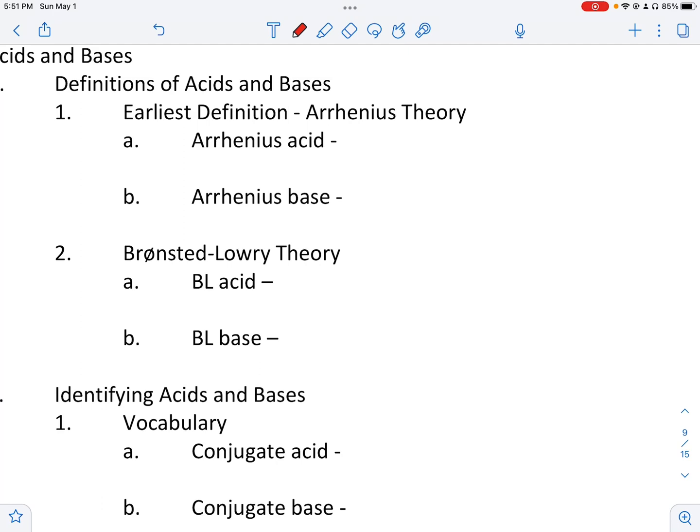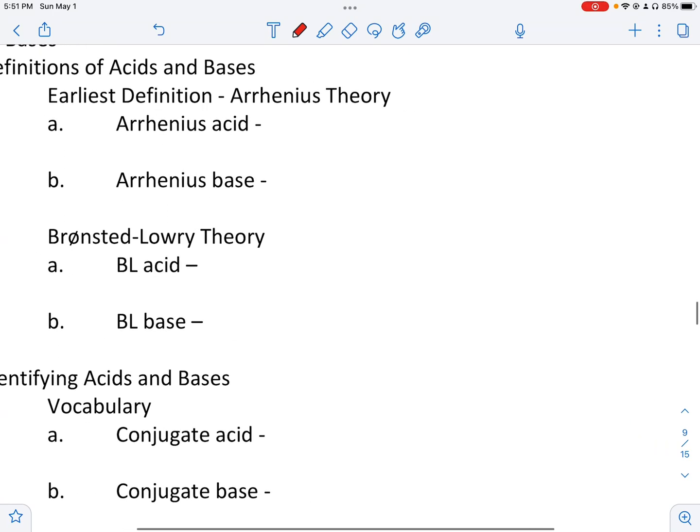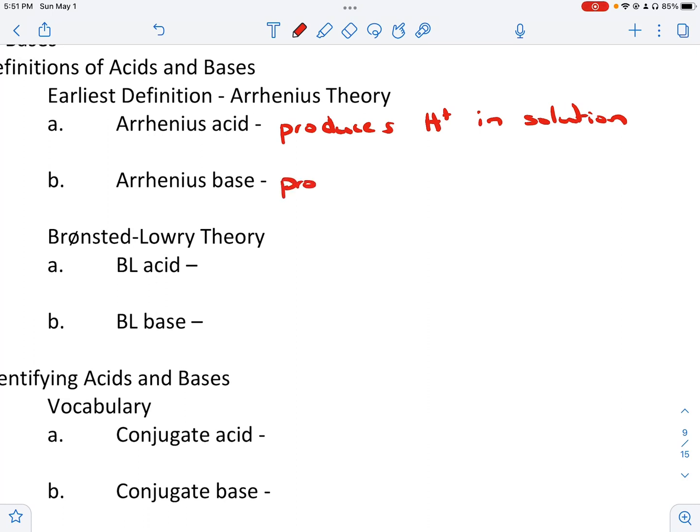The Arrhenius acid is one that produces H+ in solution. So when we put it into solution, it produces H pluses. His definition of a base was that it produces OH minuses in solution.